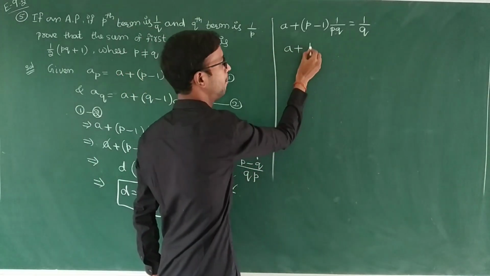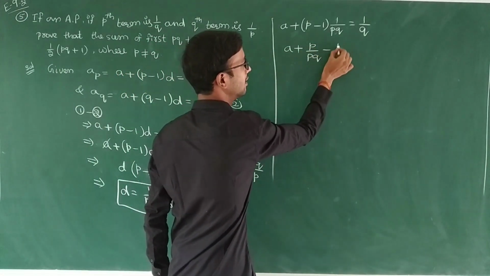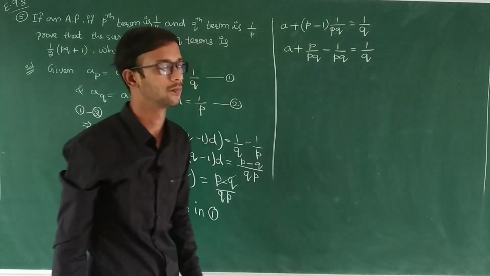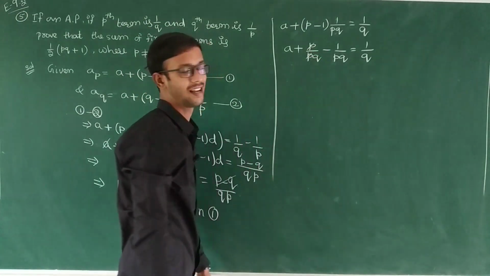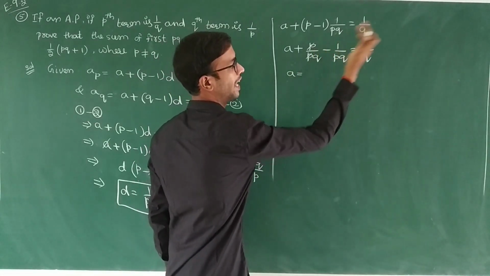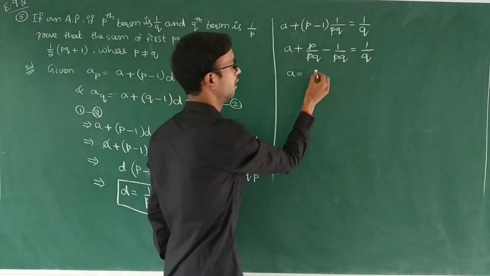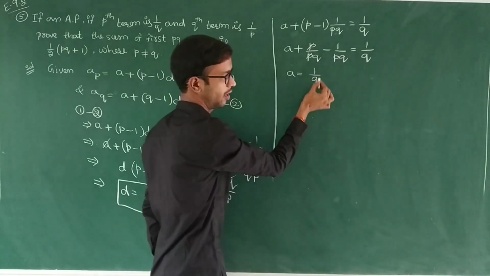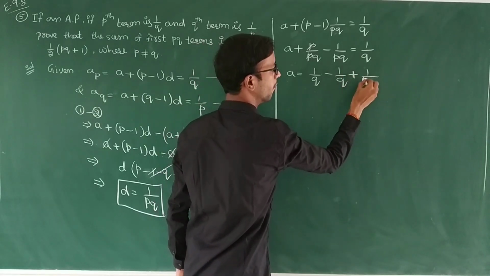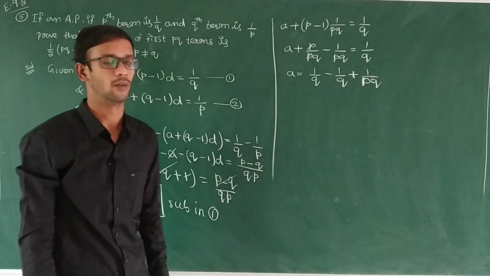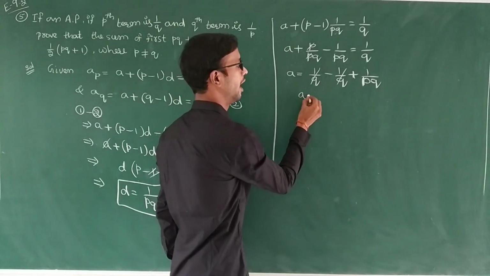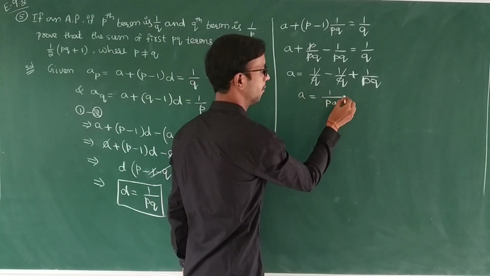So what will we get? p by pq minus 1 by pq is equal to 1 by q. Here you observe p and p get cancelled. a is equal to 1 by q minus 1 by q plus 1 by pq. Plus 1 by pq minus 1 by pq cancel. So a is equal to 1 by q.